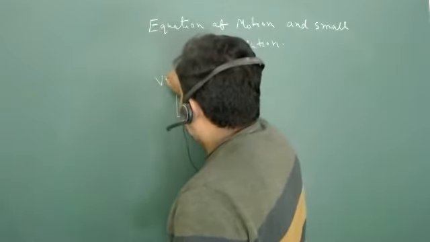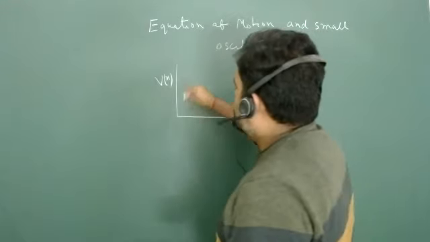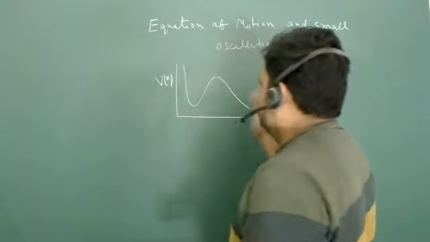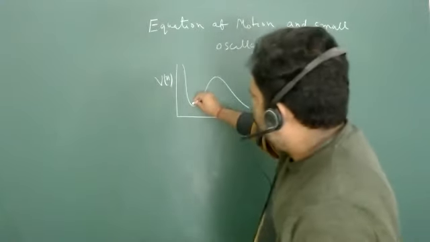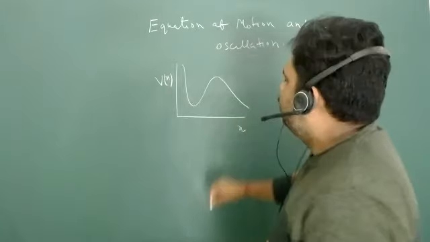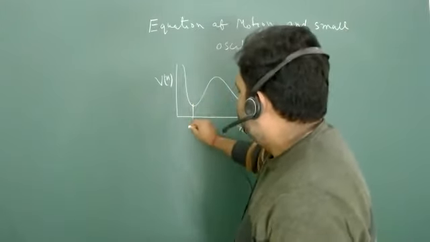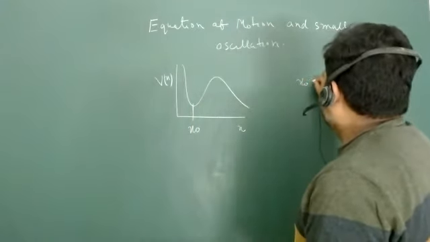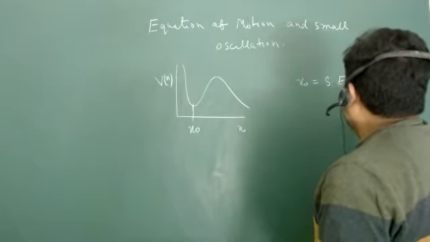Suppose this is my potential V(x), and this is V(x) versus x. And let's say this point is x naught, and x naught is identified as a stable equilibrium point.